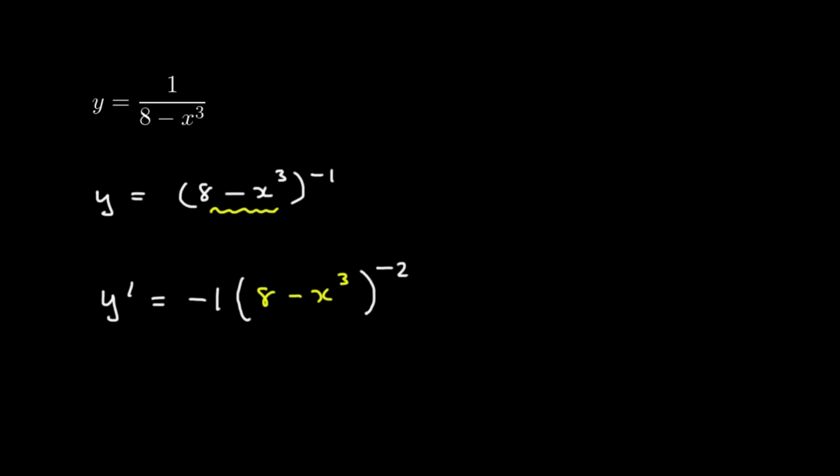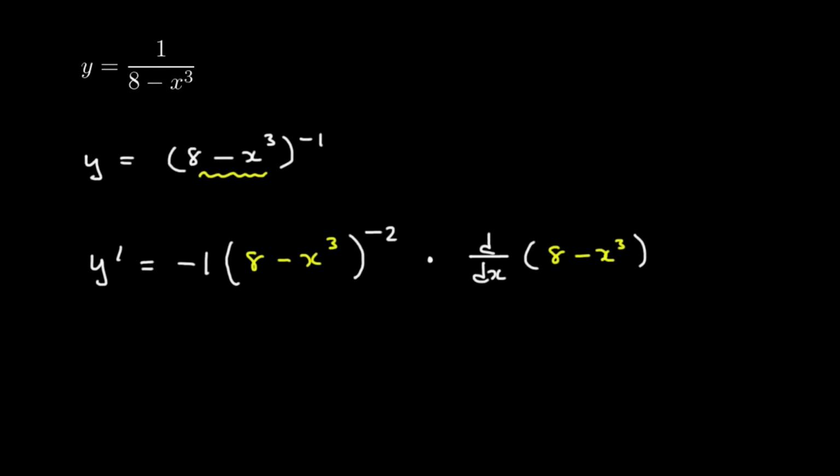And now we can go ahead and move on to the derivative of the trapped piece, that 8 minus x cubed, which I will write out in a separate step. That's probably not necessary. As long as you can differentiate it fairly quickly, you can write it down. Okay, and maybe I'll write that out as an entire different step this time instead of just erasing it, if that threw you off last time.